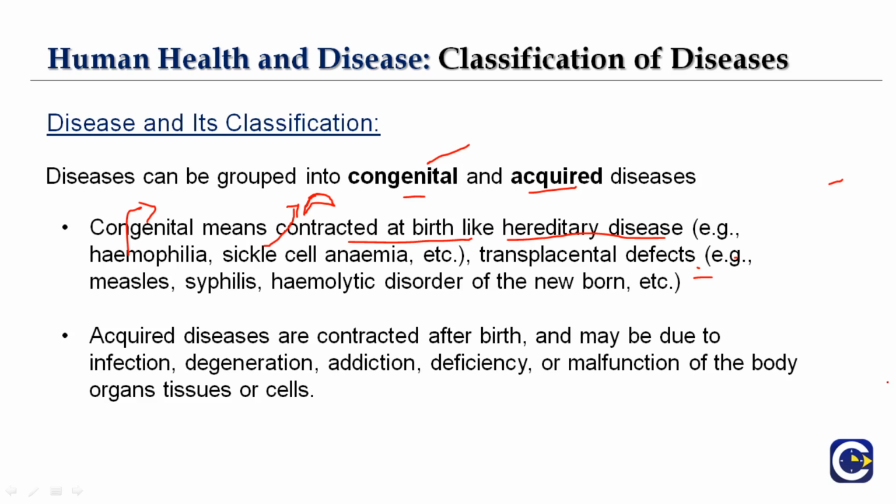If the donor is suffering from any disease, like measles, syphilis, or a hemolytic disorder, these diseases have every chance to pass into the recipient, and that's why it is called transplantal defects. Along with the transplantation, there are chances to encounter these diseases as well.